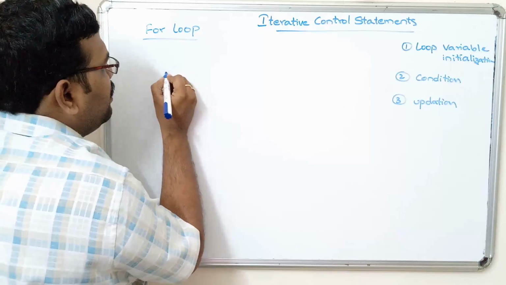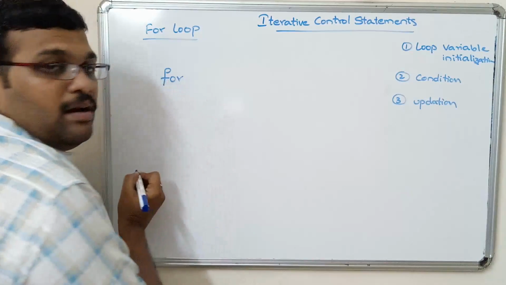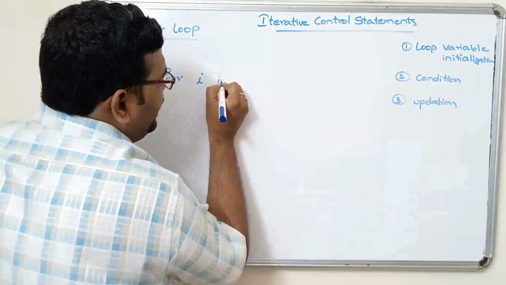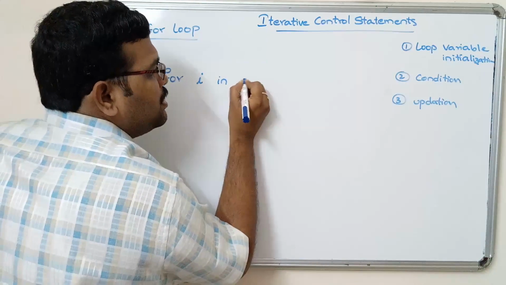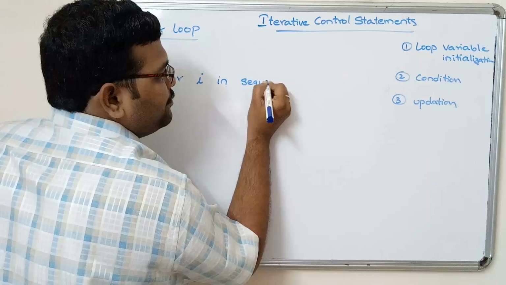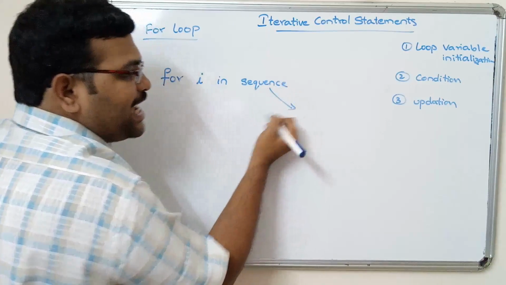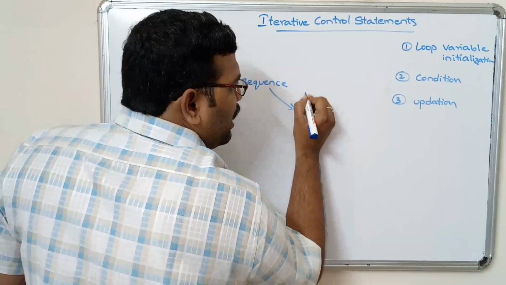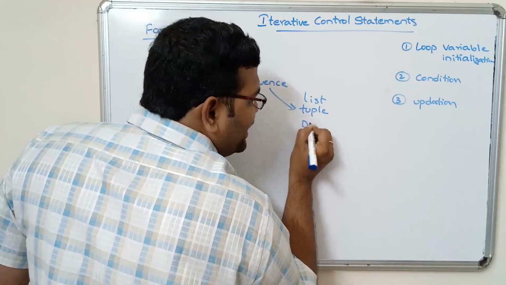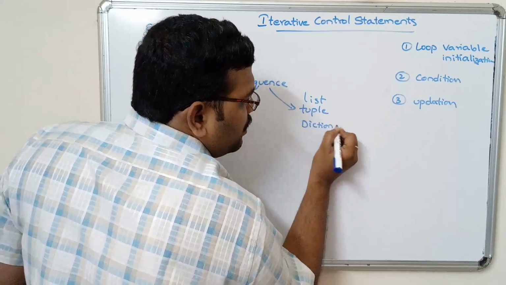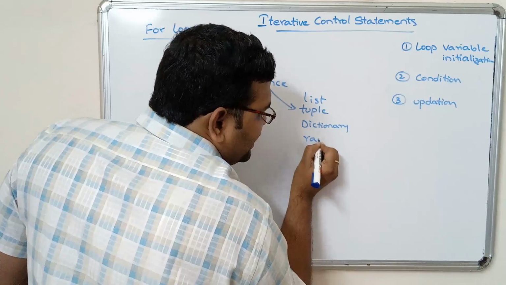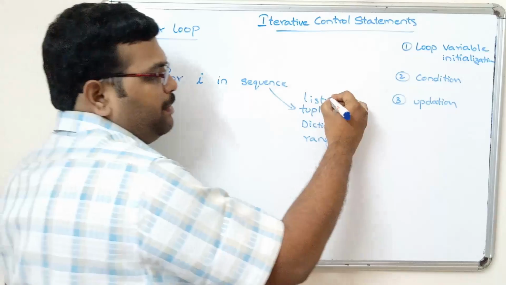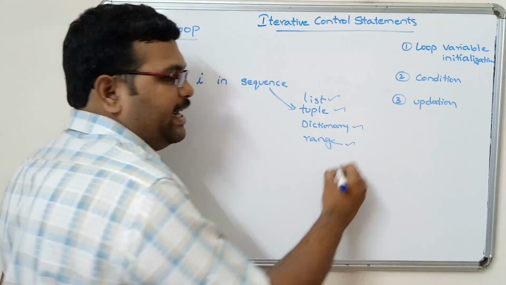So here we will write for I in sequence. So this sequence can be a tuple or a list or a dictionary or a range. So this sequence can be anything.